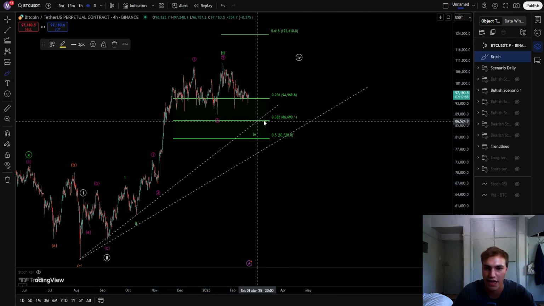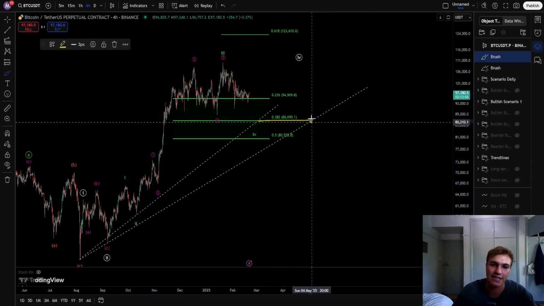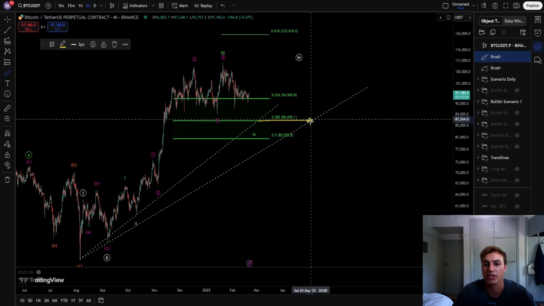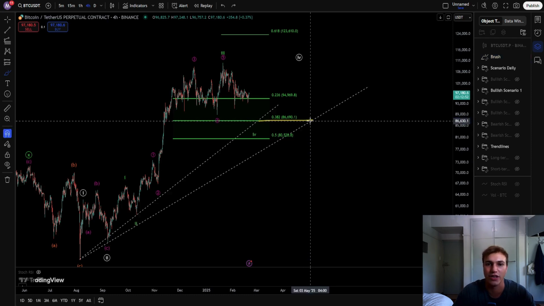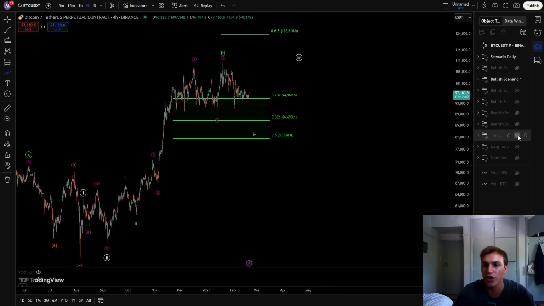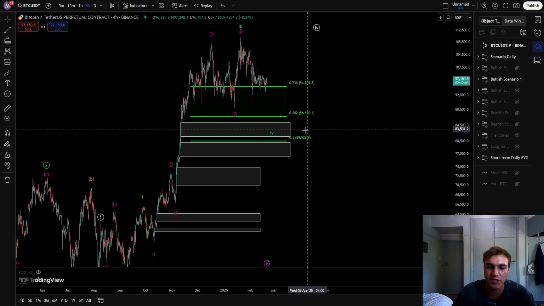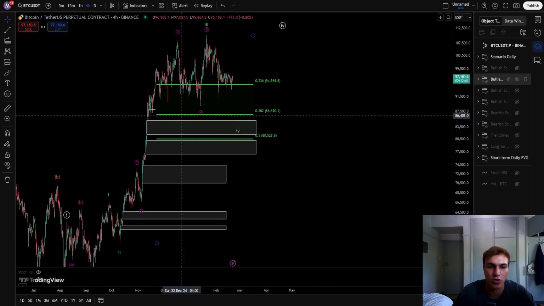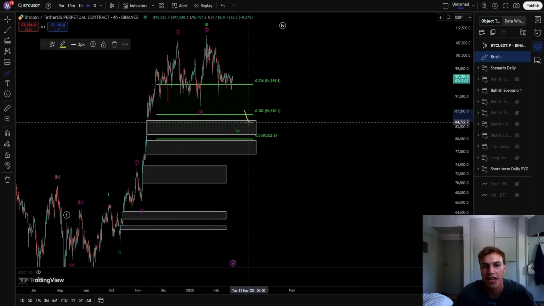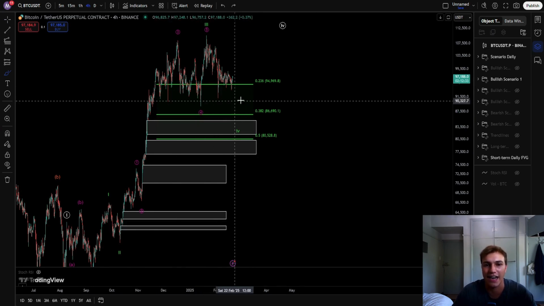Here we would have this box extending and a touch confluencing with these 2 areas there. The third reason is a fair value gap. These are daily fair value gaps that sit very, very close to the 0.382. Possibly finding support on this area is a high likelihood.